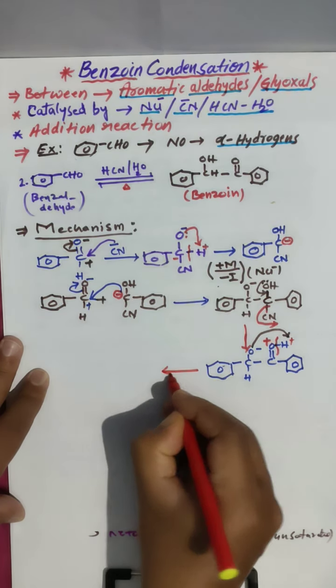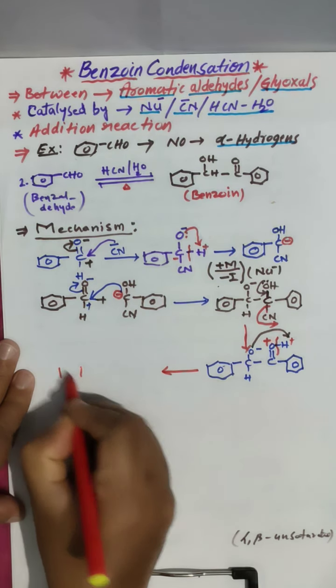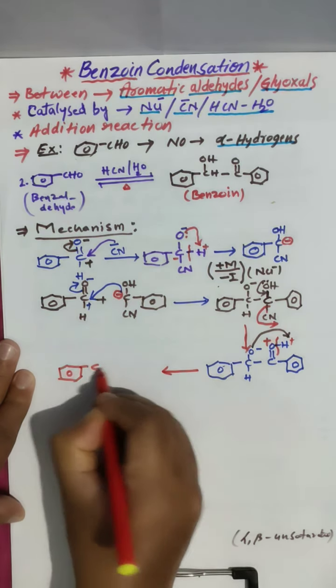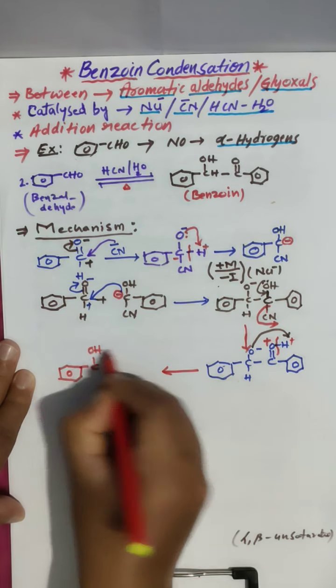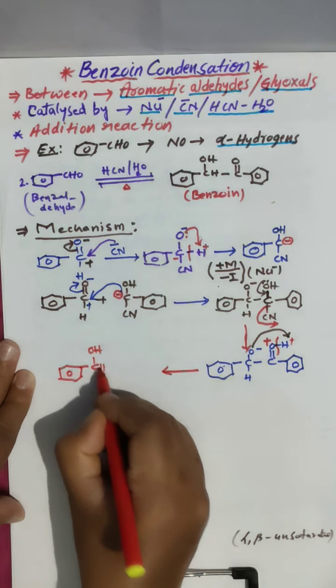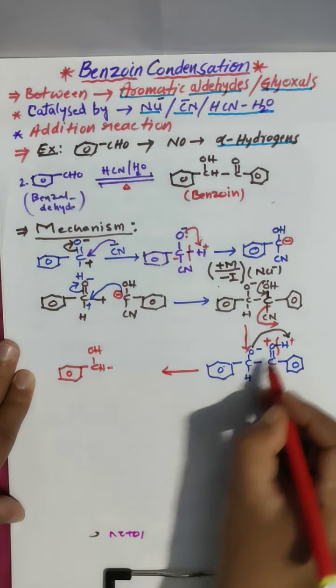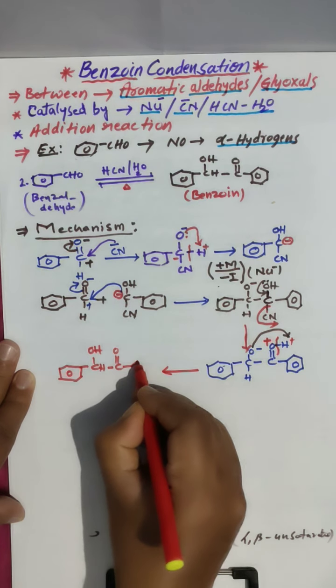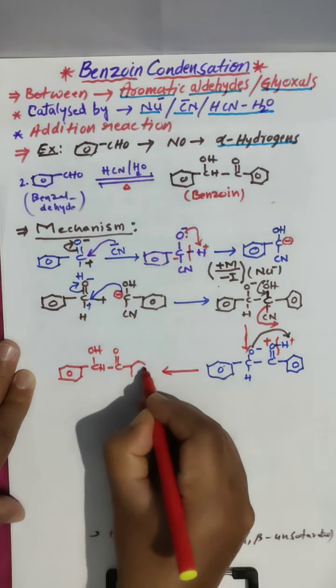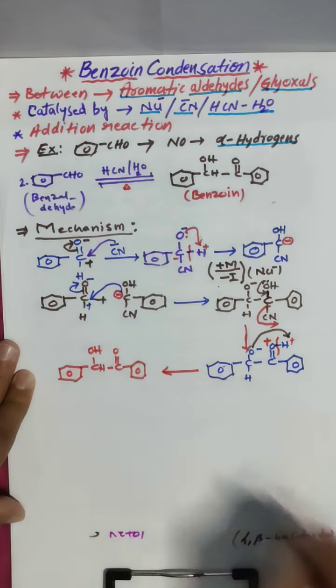Finally, you get like this. Benzene ring, C, this oxygen with hydrogen bonded as OH, and you have here H bond, C double bond O, and here we have the benzene ring.